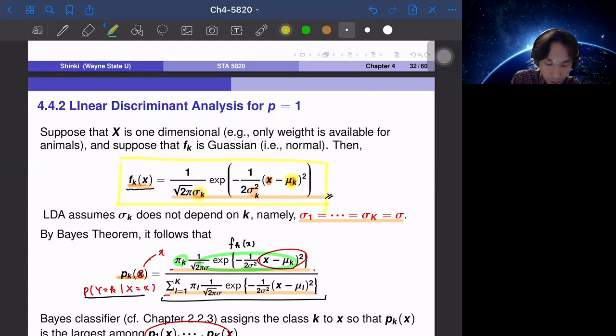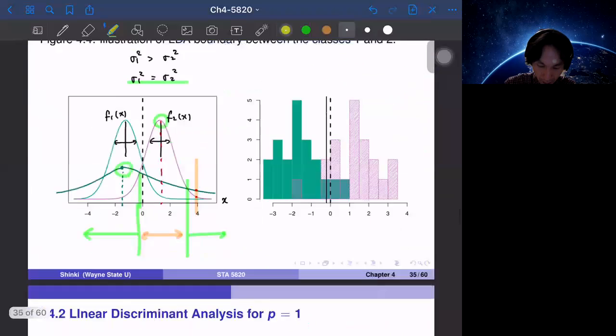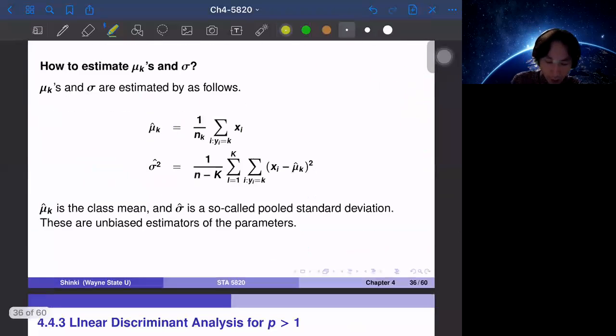If we estimate the density of measurements given the animal, then this mu k is the sample mean of that specific species. And sigma k is a kind of sample variance that we will see. The estimated quantity mu k hat is just the sample mean of all observations within class k.